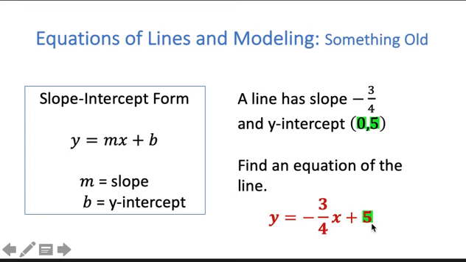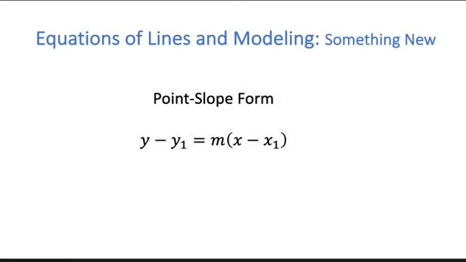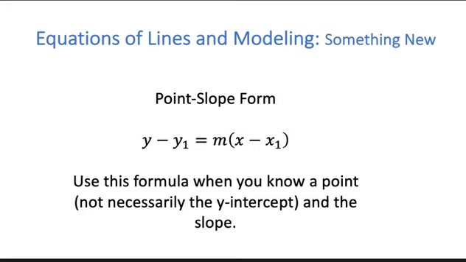Okay. So now what we have to do is apply this concept to a new kind of question. We are going to not only find the equation of the line when we know the slope and the y-intercept, we're going to use point-slope form, this new equation, to find the equation of the line when we know the slope and some arbitrary point that is not necessarily the y-intercept.